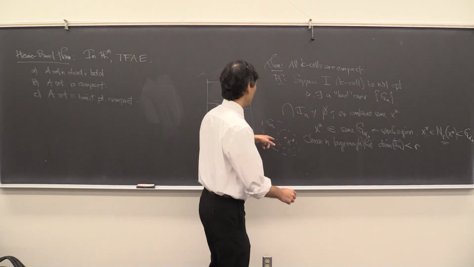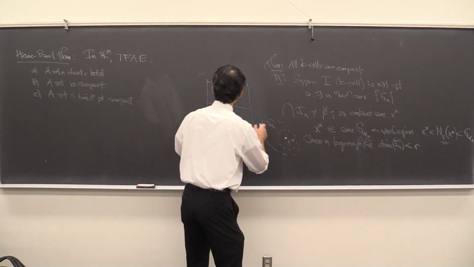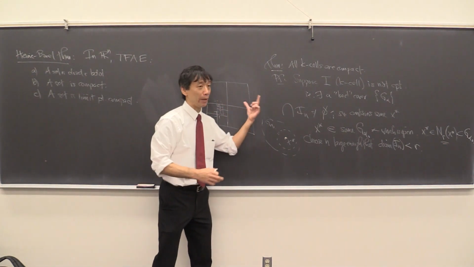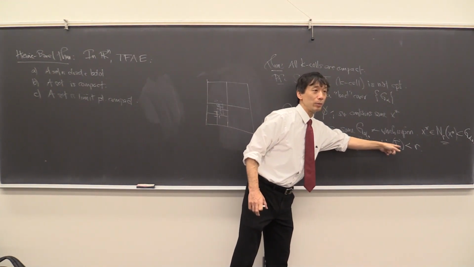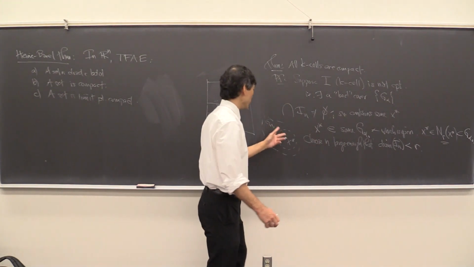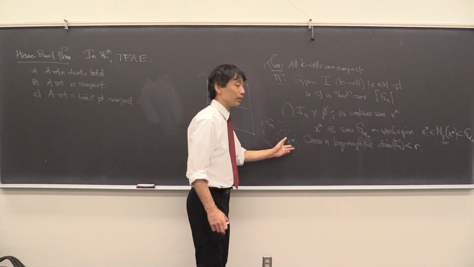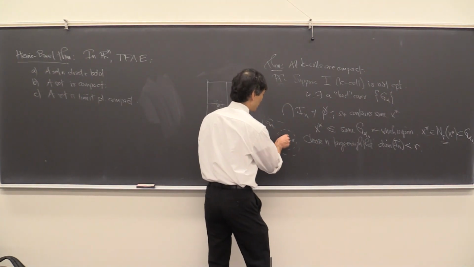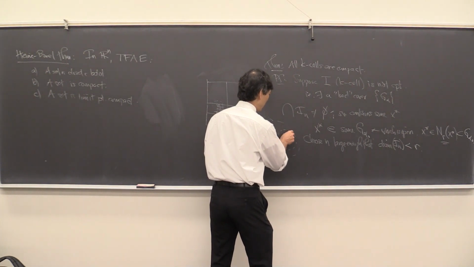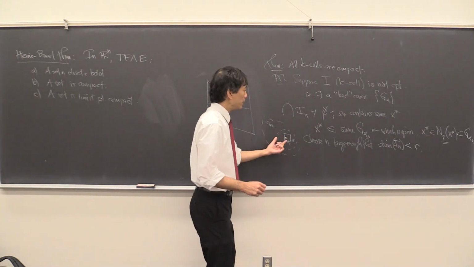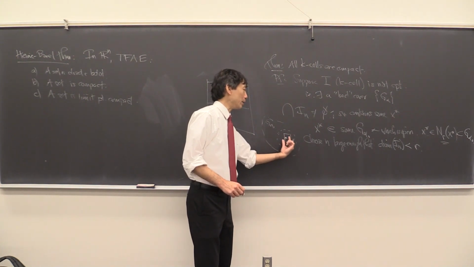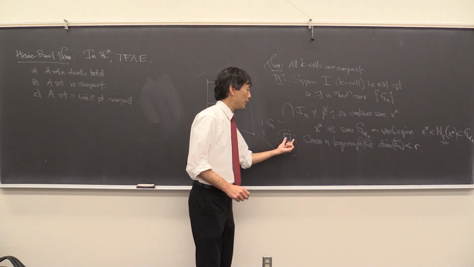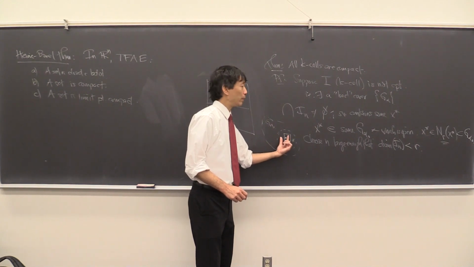The I_n's are shrinking by half in diameter every single time. So eventually, we can get one that's smaller in diameter than this radius. But that tells us that I_n lies entirely inside of the neighborhood, because the diameter is smaller than the radius here, right?